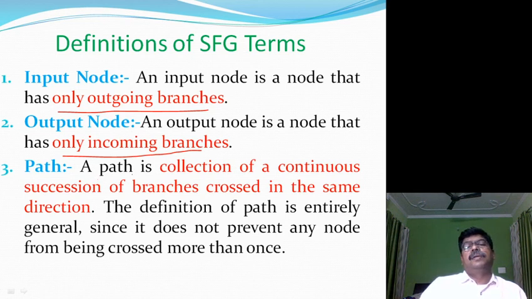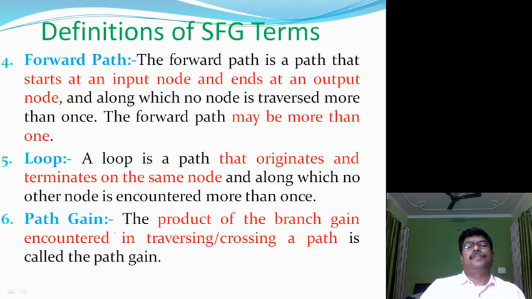And path is a collection of a continuous succession of branches crossed in the same direction. This definition is general because it does not prevent any node being crossed more than once. So this is the path.